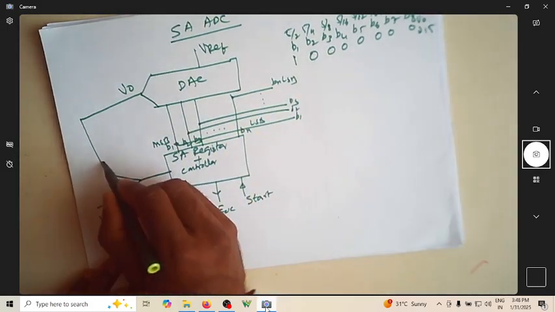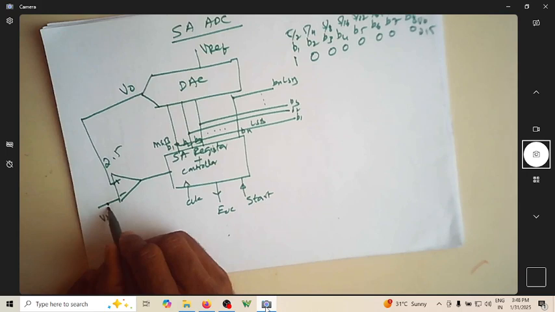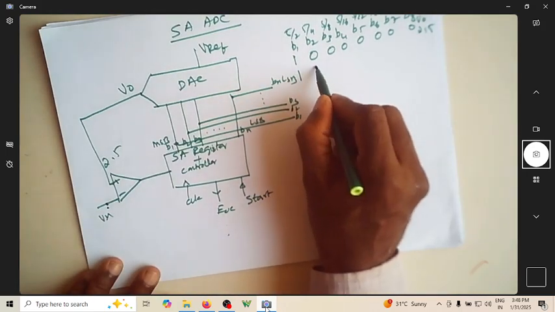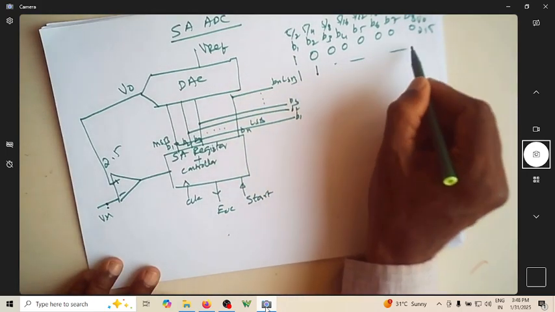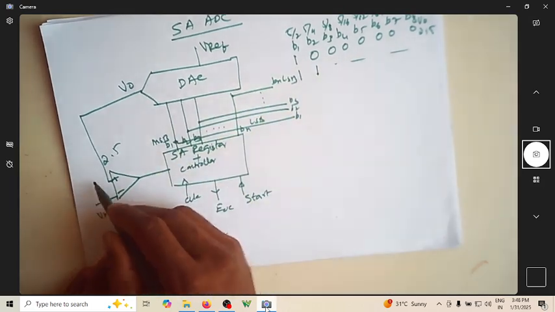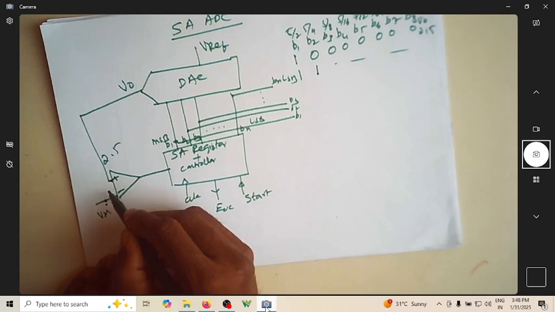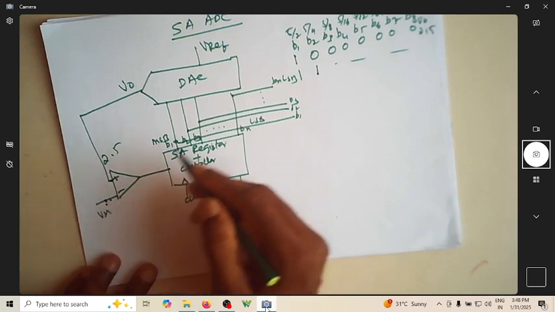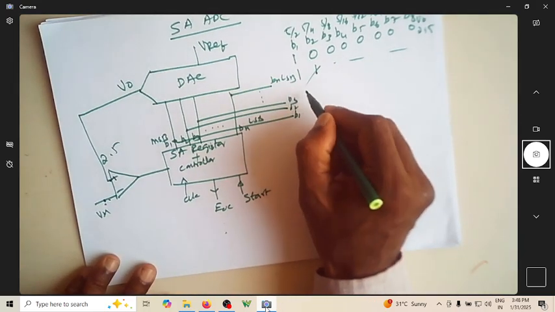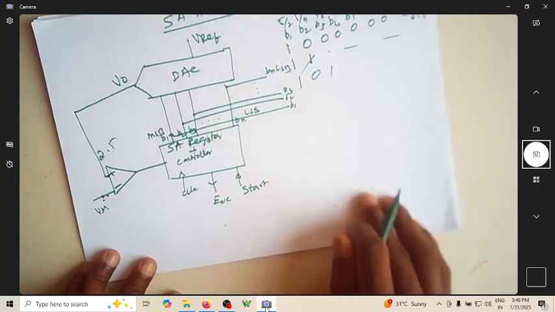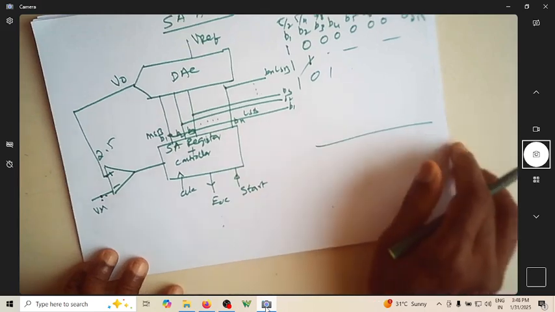If this 2.5 is less than the input, then you retain this and make the next bit high. Suppose whatever voltage you get here is more than the input, then you have to discard this, make it 101, and continue till all the bits are covered.